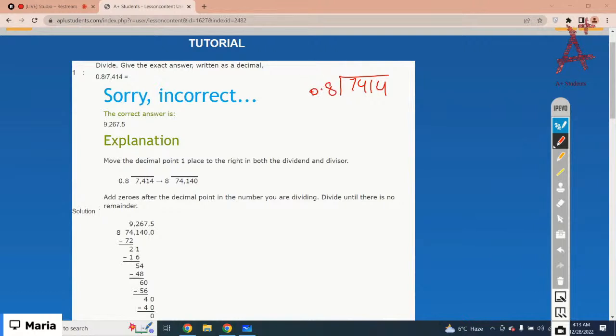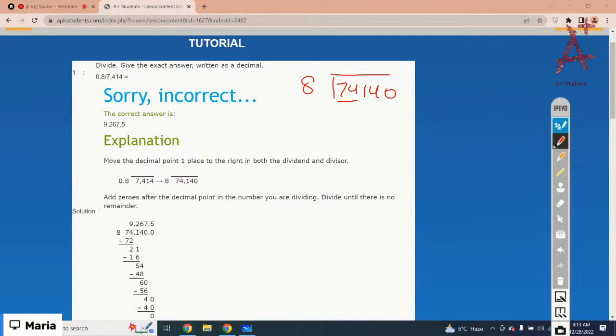Let's just divide without the decimal point. We divide 74140 by 8. So we have to count the table of 8 until we get a number that is less than 74. Got it?